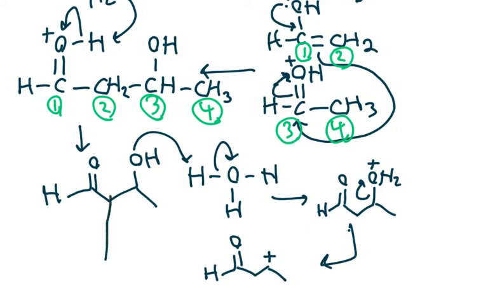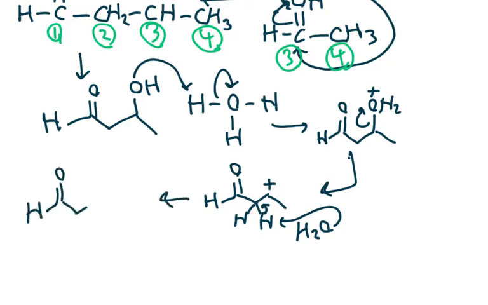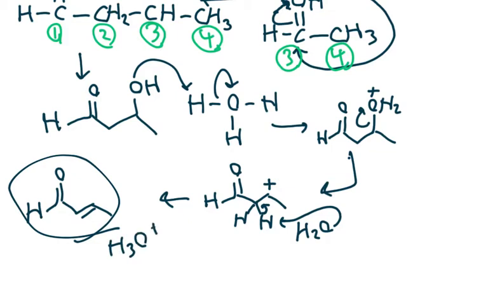And, oops, there are hydrogens here and here. And we can take the water that we made before and attack a hydrogen and make our double bond. And that's what we get, along with regenerating our acid catalyst.